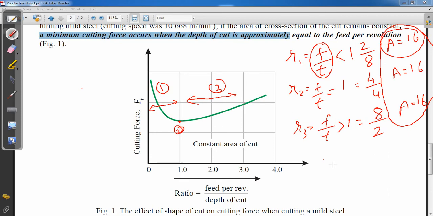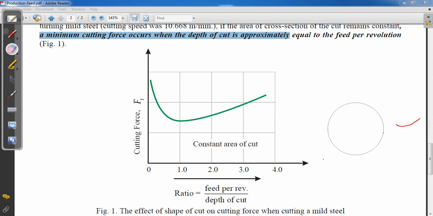Okay, what is the shape of the cut? Because if f and t are changing, definitely the shape of the cut will be changing. So we see here that the minimum cutting force is achieved where depth of cut is equal to feed per revolution. From these examples we have seen.